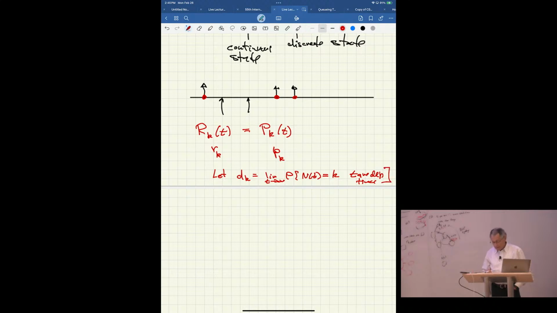In other words, I can find with these red dots the d sub k, the probability that the departing customer leaves behind k. That's sort of where I'm getting ready to go.